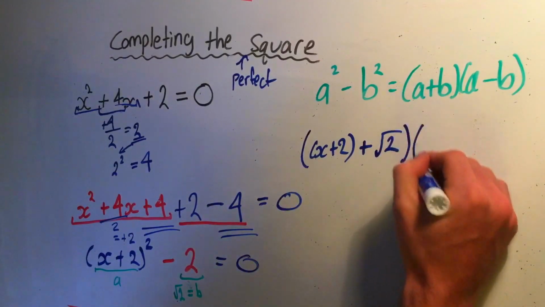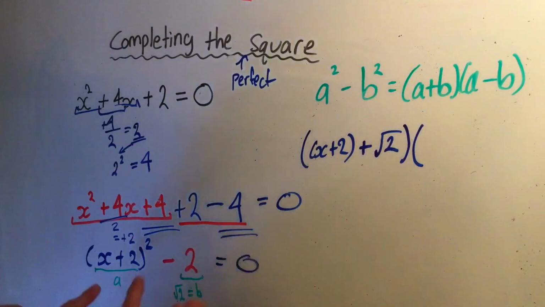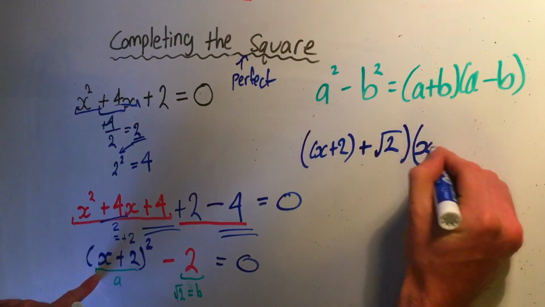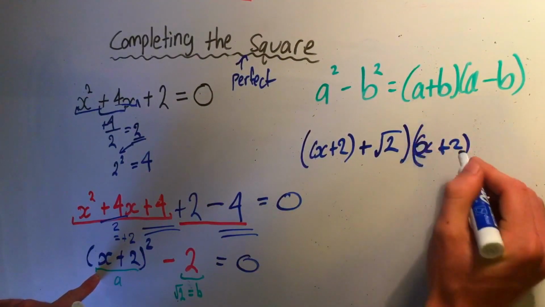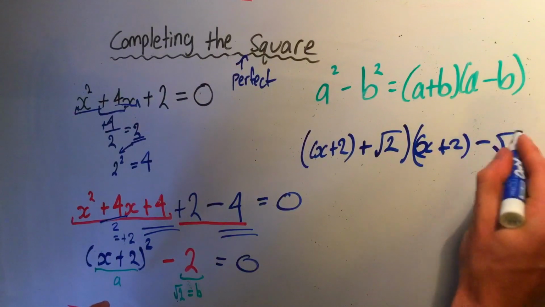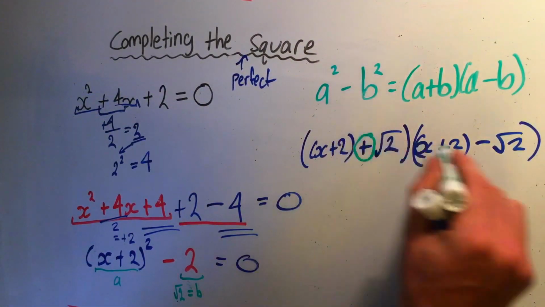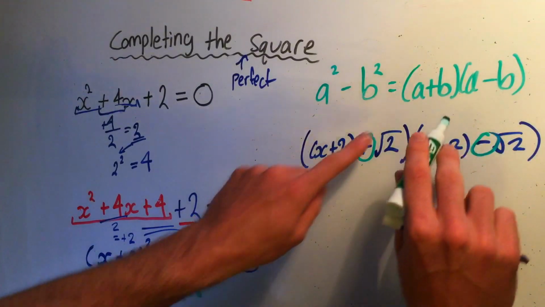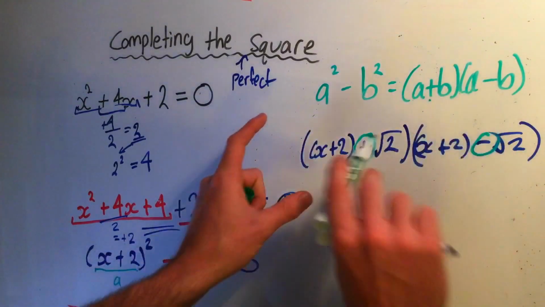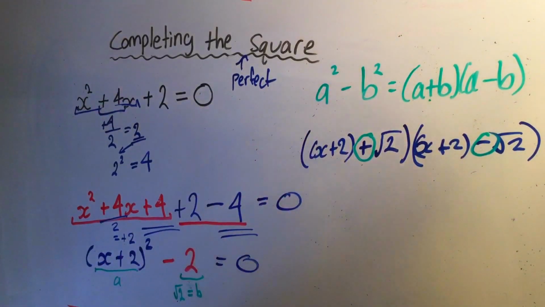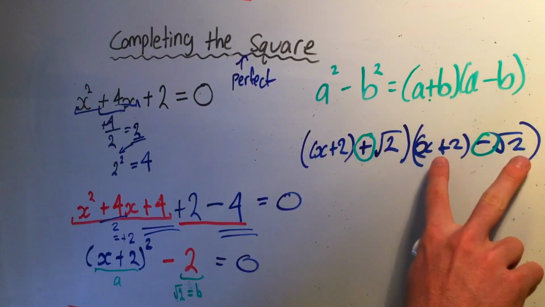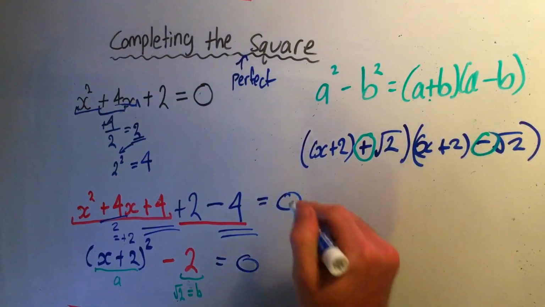And then we're going to close bracket, and then we're going to go a minus b. And remember, a is x plus 2. And we're going to go minus b, which was root 2. So the key thing is that we have done plus and minus our a and b. That's what the difference of two squares allows us to do. So we really have that bracket, and it would equal 0 there.